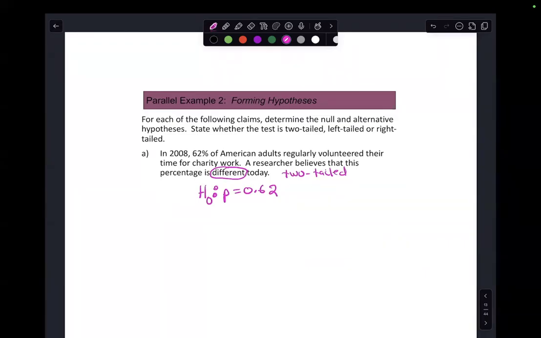My alternative hypothesis, I'm going to do sub 1 because that's what they like on this, is that it's different. Whenever we see different, we use not equal to. So this is what our setup looks like. It's a two-tailed test because it could be greater than or it could be less than, and it is different, so it's not equal.